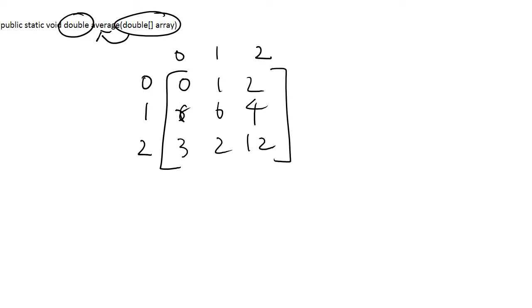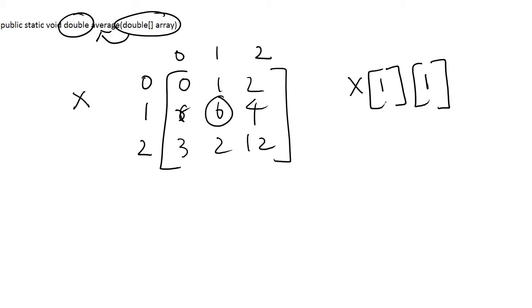So then, you know how to get a single element of this array. If this array's name was x, in order to get this element in the center, 6, it would be x, row number, followed by the column number. And that's how you would get the center element.